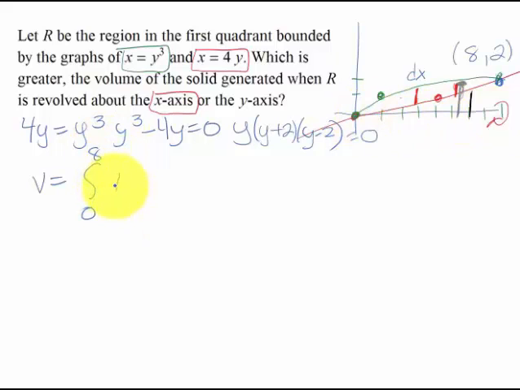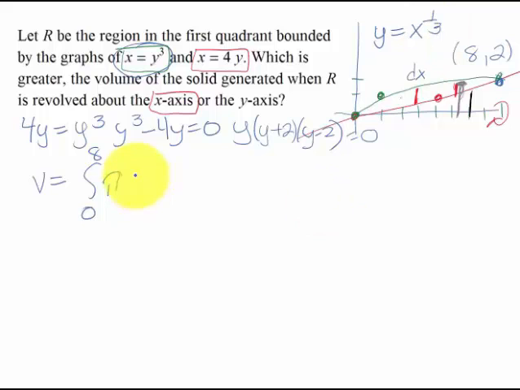And so I'm going to have pi big R squared. Well, big R was the y value up to that upper function, and that upper function was x equals y cubed. But we have a problem with that because we want to know what y is. So we could solve that for y. I'm just going to put it over here. It's y equals x to the 1/3. We just take the cube root of both sides.